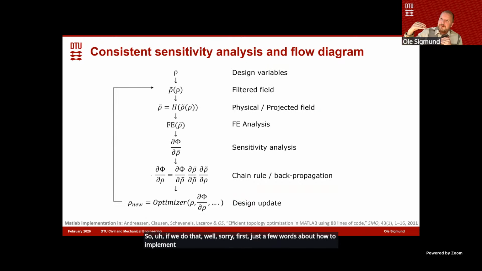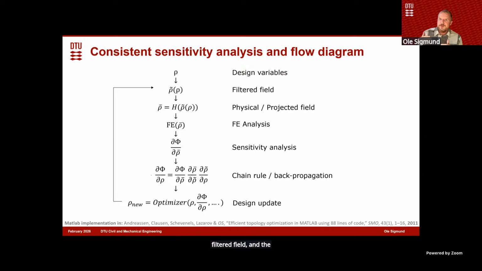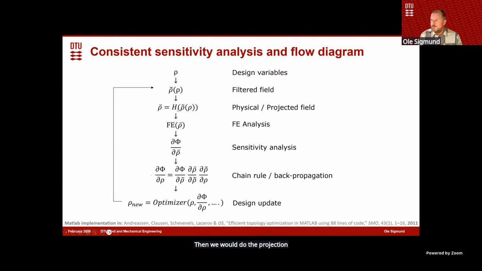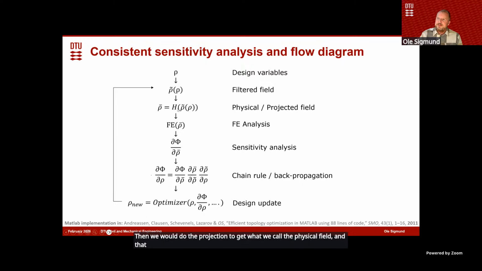Now we have that the physical density is a function of the projected filtered field, and the filtered field is a function of the design variable. So when we are doing the computations, we start with the design variables, we do filtering, then we do the projection to get what we call the physical field. The physical design variables are the ones we send to the finite element analysis.